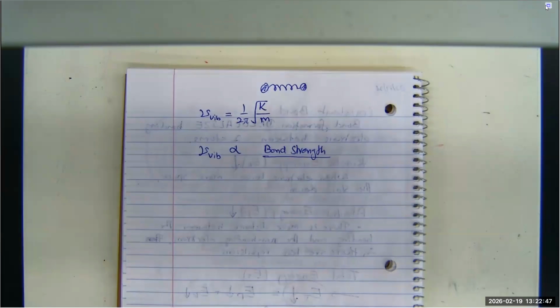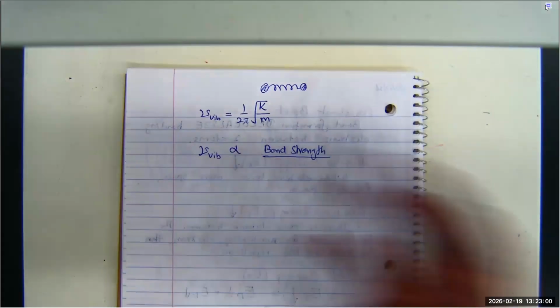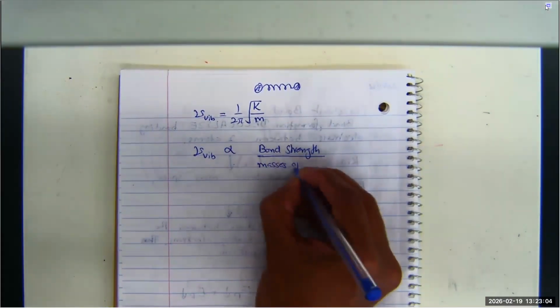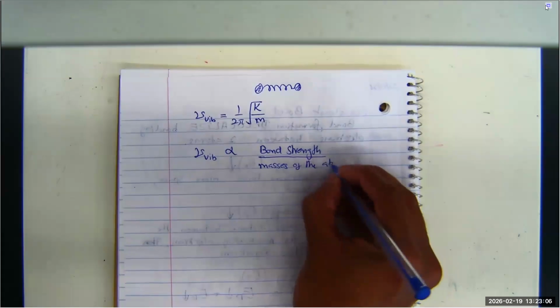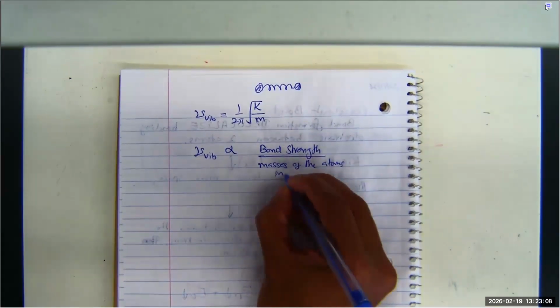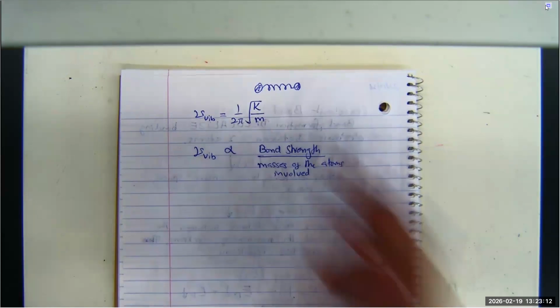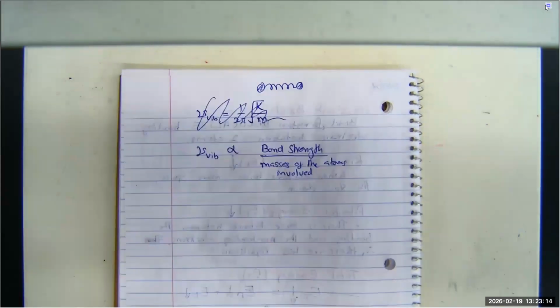Reduced mass involves the masses of both atoms, m1 times m2 divided by m1 plus m2. But forget about that. It is inversely proportional to the masses of the atoms involved, just like m over here. Now I'm going to remove that.